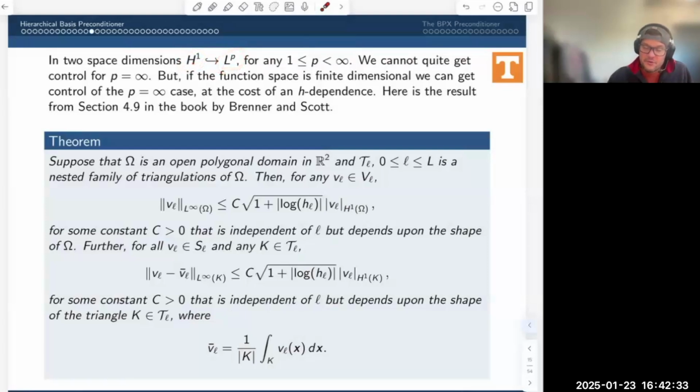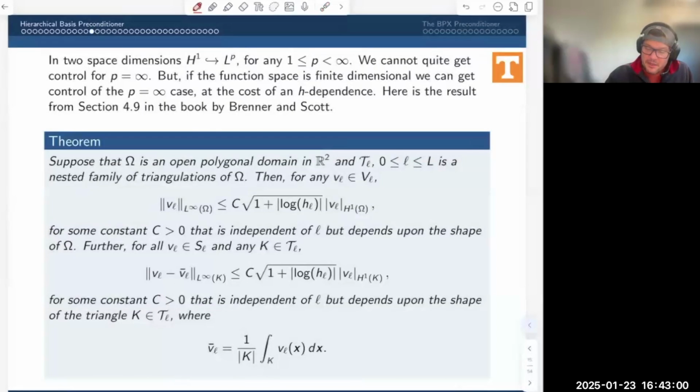In two space dimensions, I'm guaranteed that this is true for any p between 1 and infinity, but not including infinity. It includes 1, but not infinity. So we can't quite get control of the case where we have L infinity here.